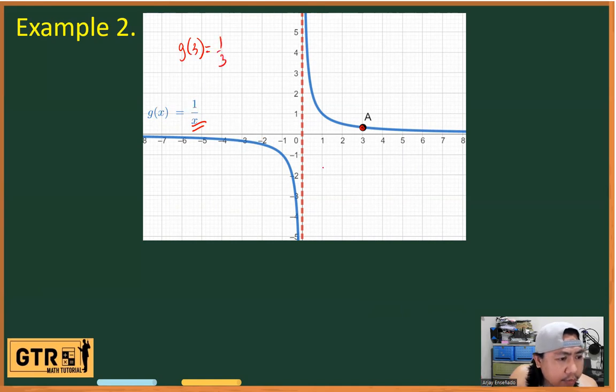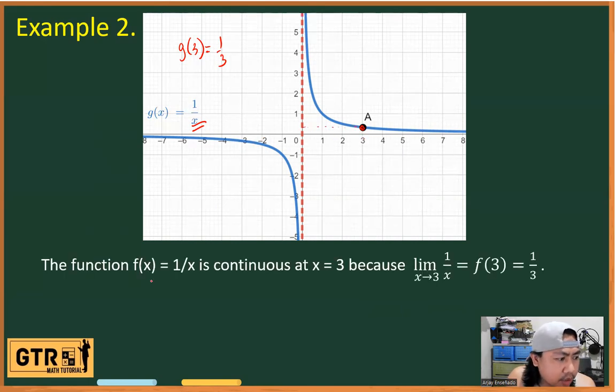Kita natin sa graph, ito yung value niya. So the function f of x equals 1 over x is continuous at x equals 3 because the limit of 1 over x as x approaches 3 equals f of 3 equals 1/3. So limit from the right, ayan, as we can see in the graph, approaches 1/3 and to the left it approaches 1/3 also.